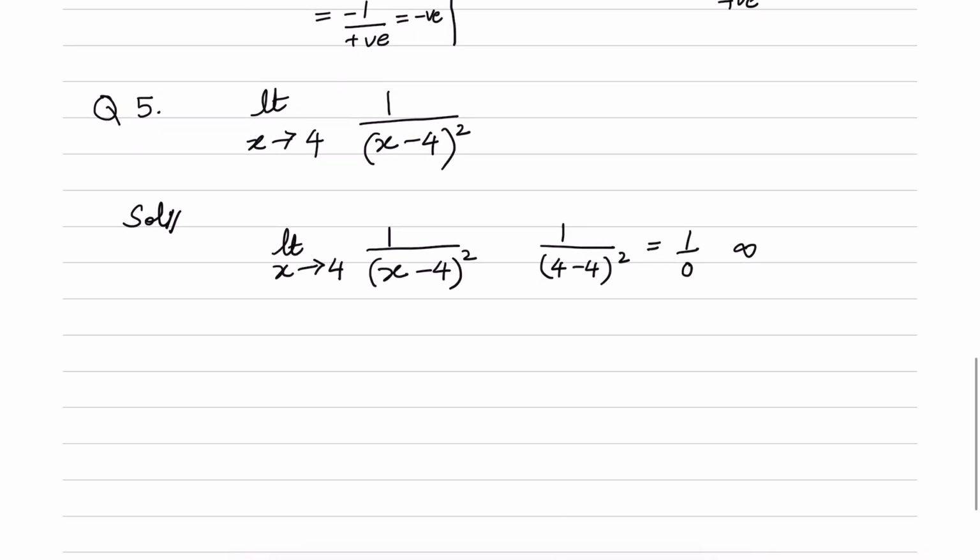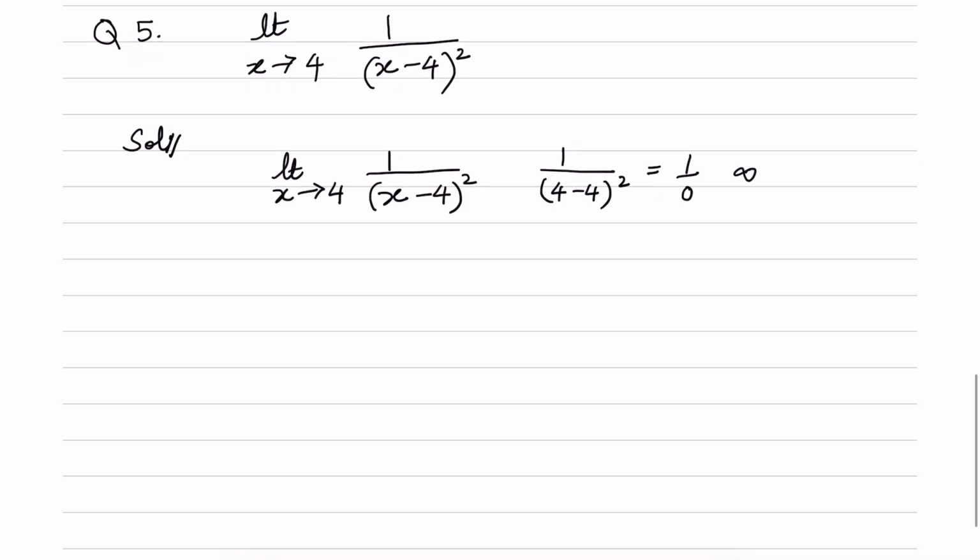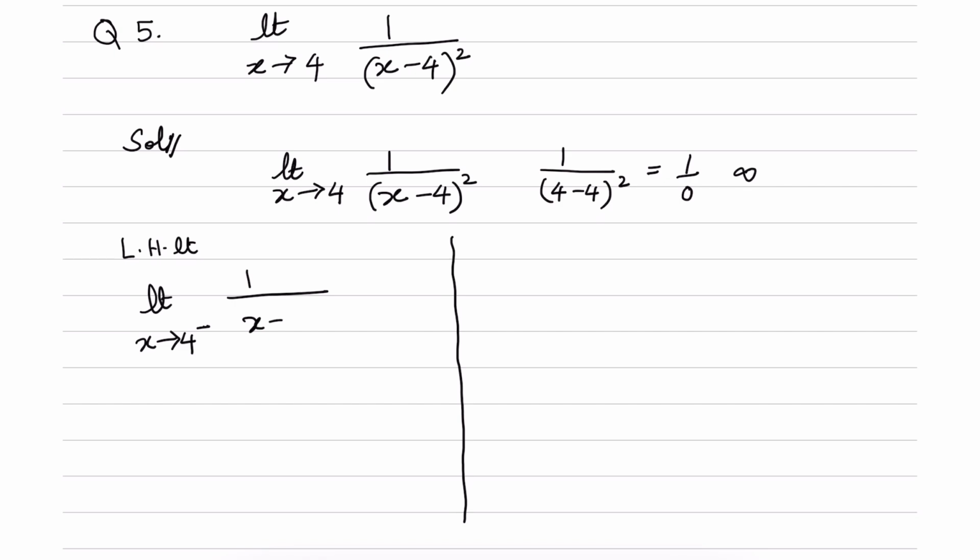Now we know that whenever we get infinity, we will split our question into two parts. One is the left hand limit, where we have to find the limit when x is approaching 4 from the left of 4, and the function is 1 over (x minus 4) whole square.